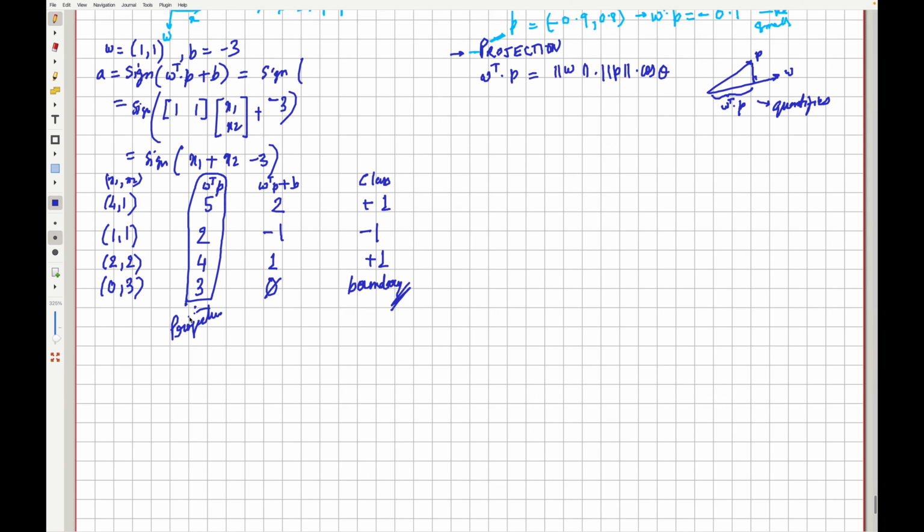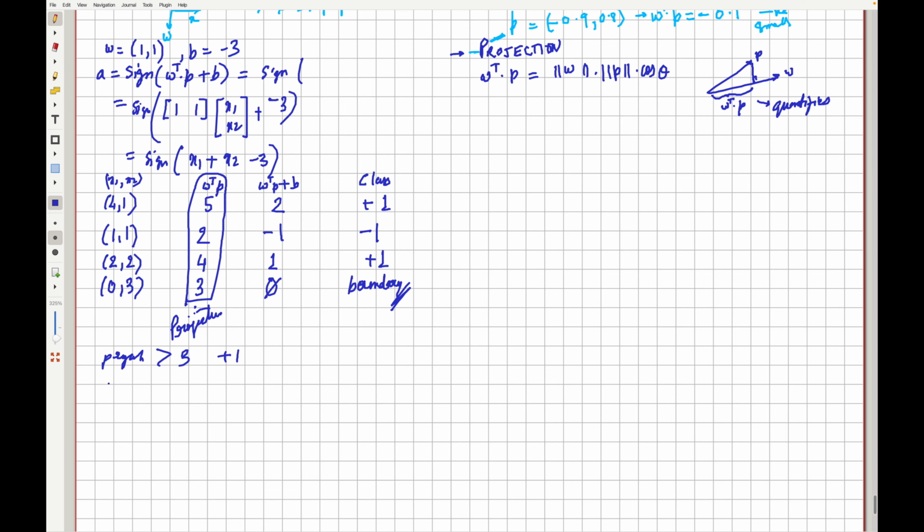Projection helps us get the magnitude of the pattern that is matched, the pattern in W and the pattern in P. If the projection is greater than 3, then the points usually go to class 1.